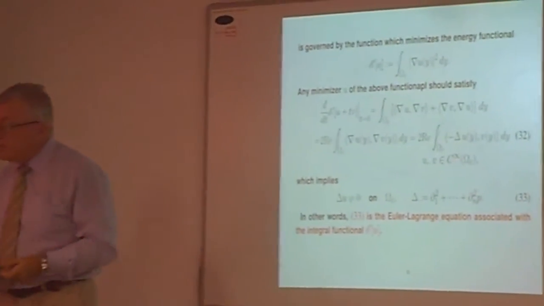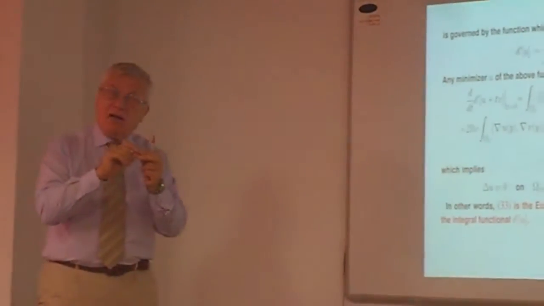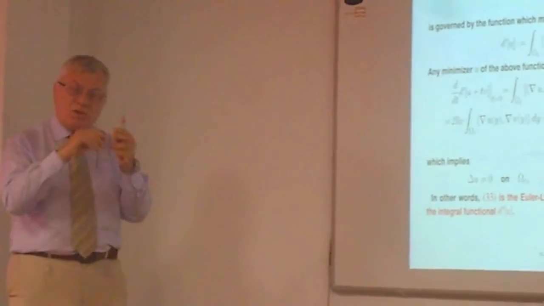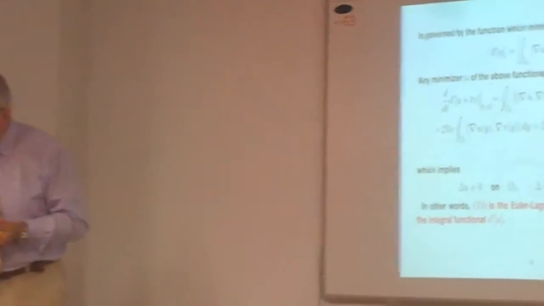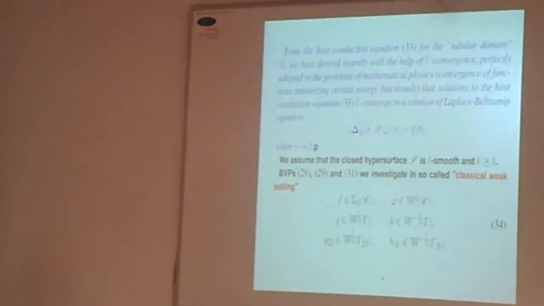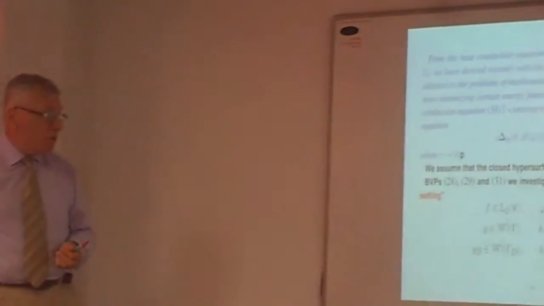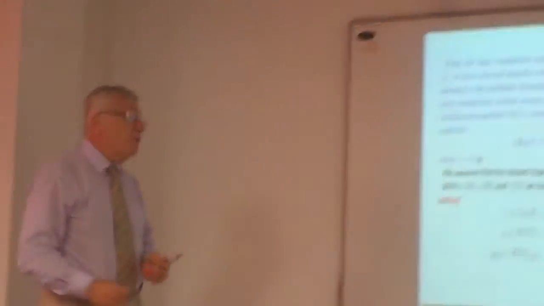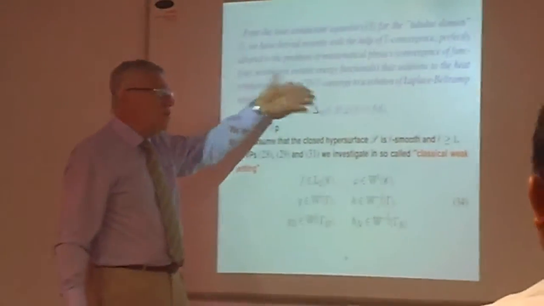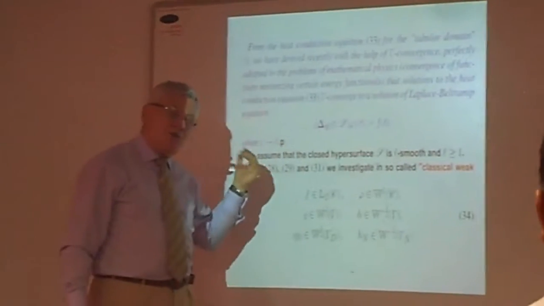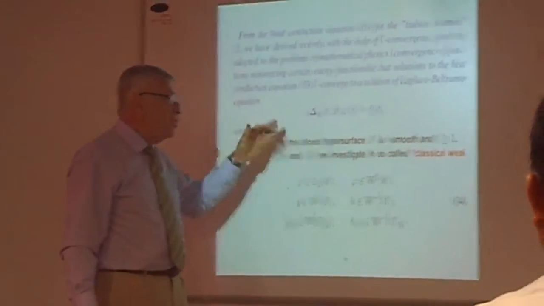So that means that at the end the heat conduction on the surface is described by the Laplace-Beltrami equation. If so, it now makes sense to investigate such a boundary value problem. You have the Laplace-Beltrami equation, which is the gamma limit of our heat conduction equation in the tubular domain.